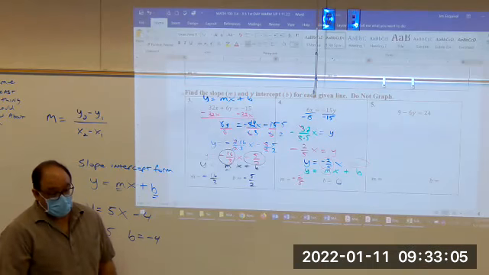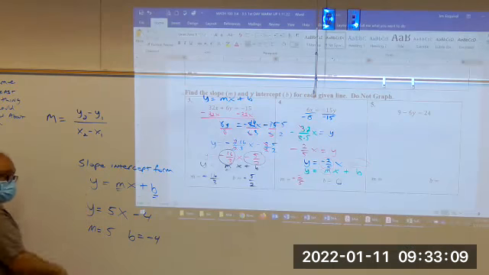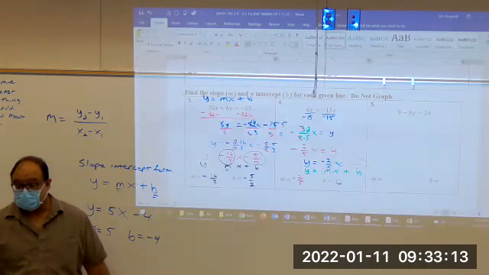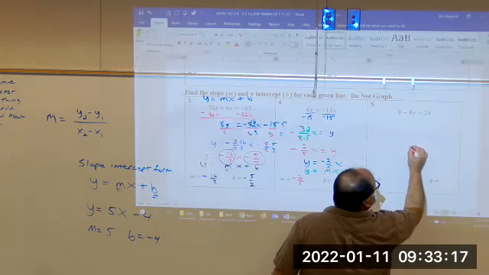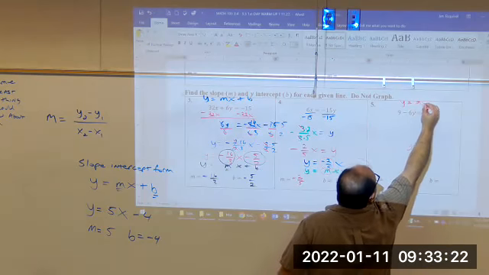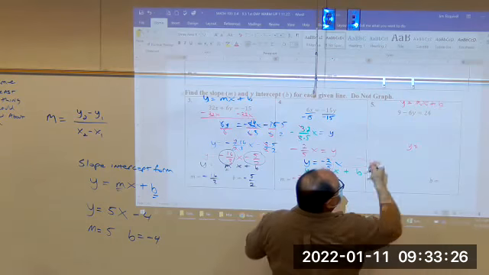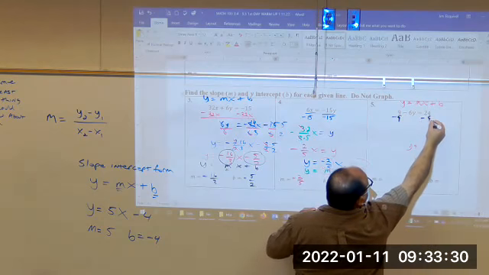With that, I have a y, no x. So it's y equals mx plus b. We're supposed to get y by itself. That's the key. Get y by itself. That's a positive 9, so you're going to subtract 9 from both sides.